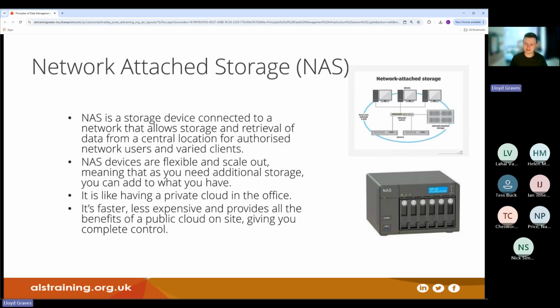So everybody in the office is connected to the same data storage unit. We can all save data on there and pull it regardless of which computer we're on. It also meant that if I saved something, somebody else could open it from their computer because they're physically connected through one of these devices.